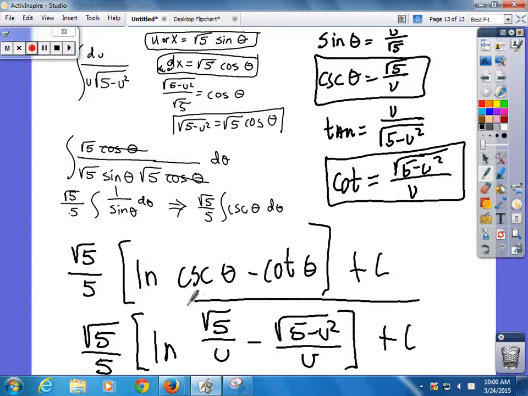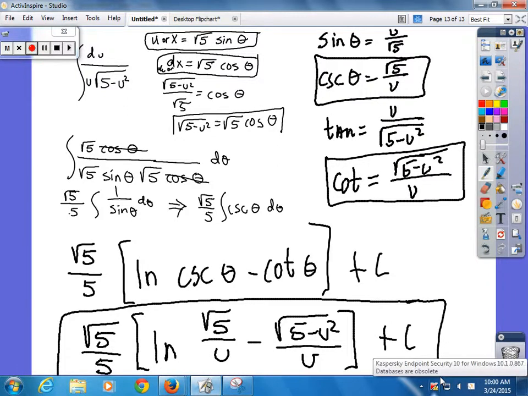I'm thinking that's probably going to be the answer. Let me look and see what they got. No, they just did the 3 dots and went. That means you already know how to do it.